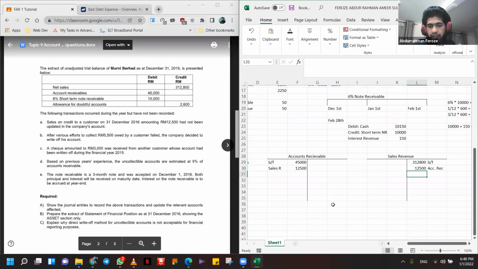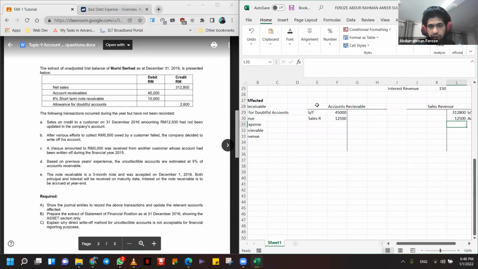Then we have allowance for doubtful accounts. Let's create another one.